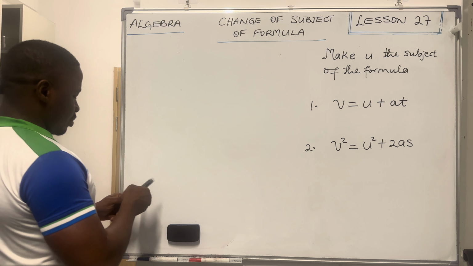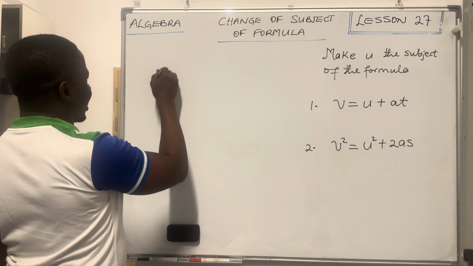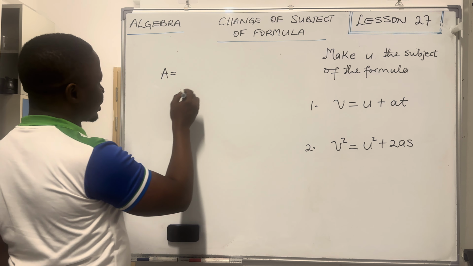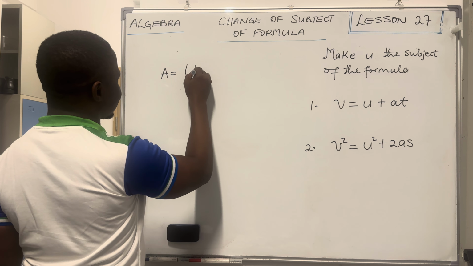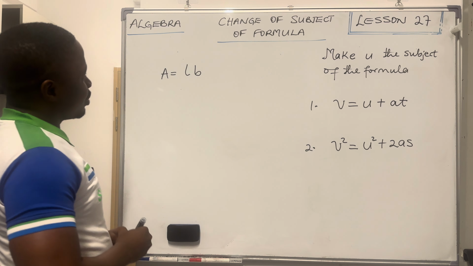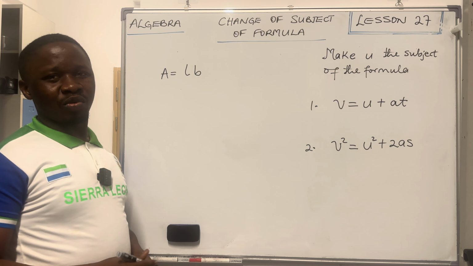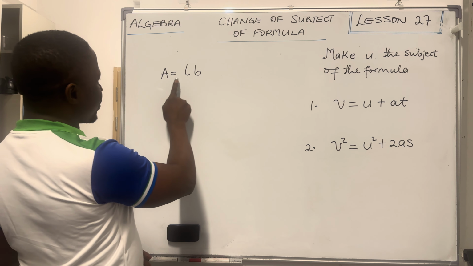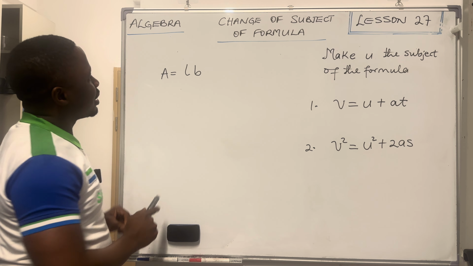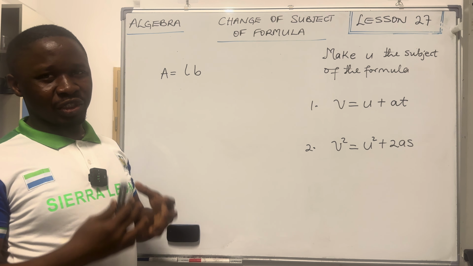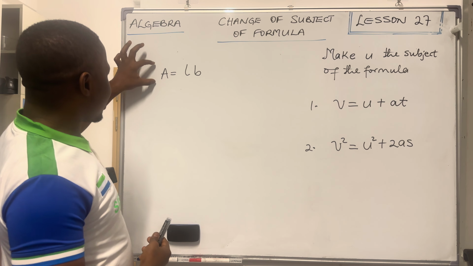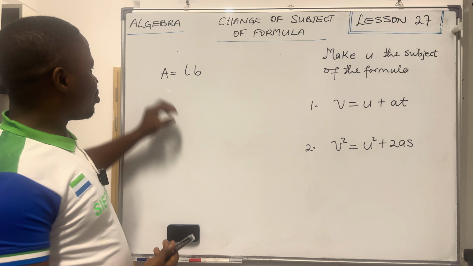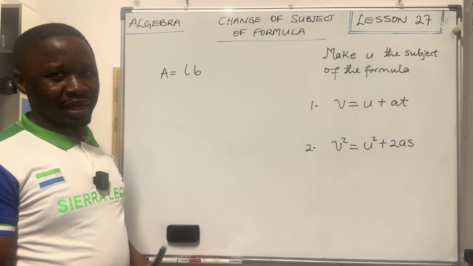Let's say area of a rectangle, which is length times breadth. We have A, we have L, we have B. This one is a relation. This one is an equation, but popularly we call it formula.